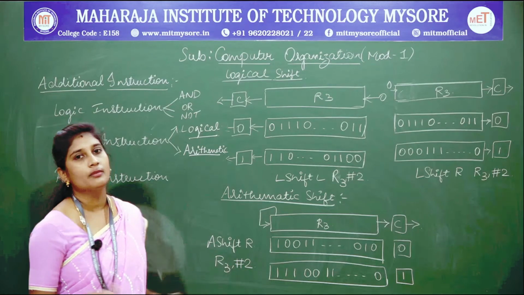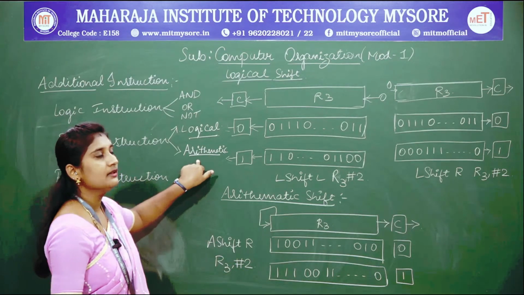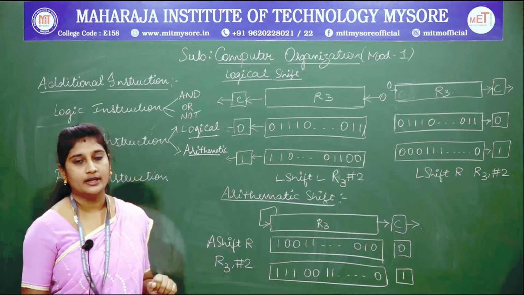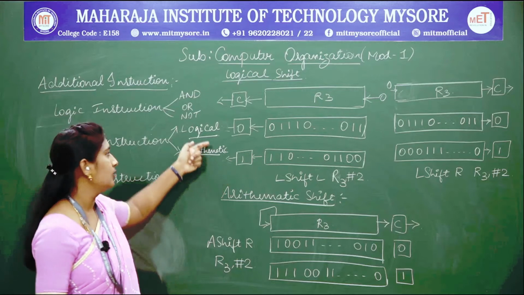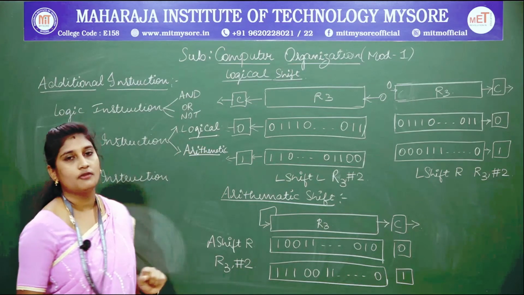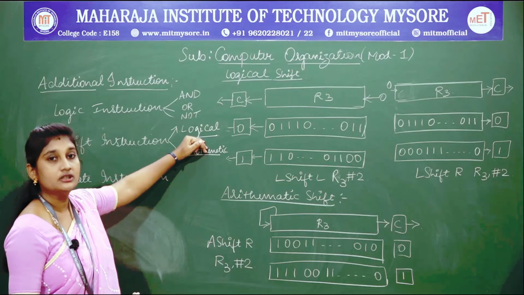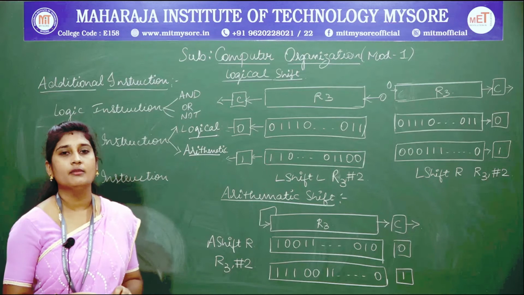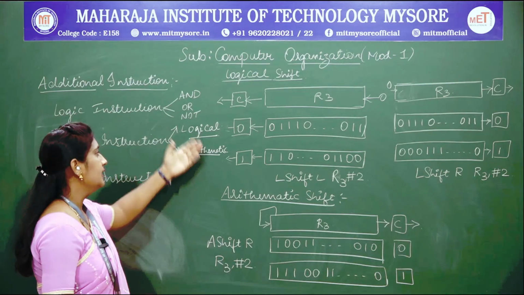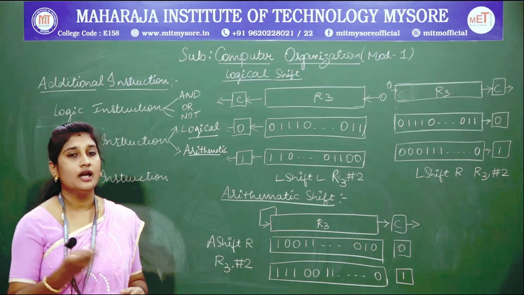If it is a negative number, you represent it by 1, isn't it? So to maintain the sign bit of your operand, you will go with arithmetic shift. That is why you use two types of shift instructions. The first type is logical shift and the second type is arithmetic shift. Both these shifts can perform the left shift as well as the right shift.